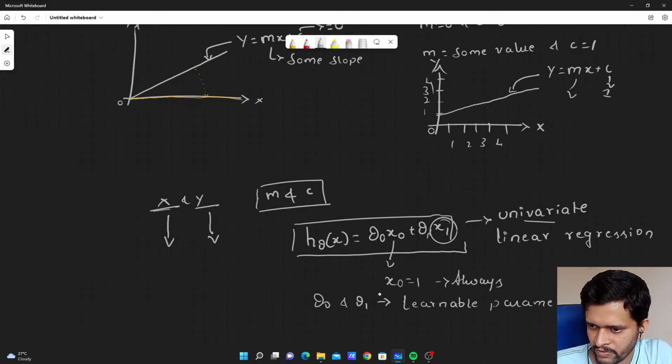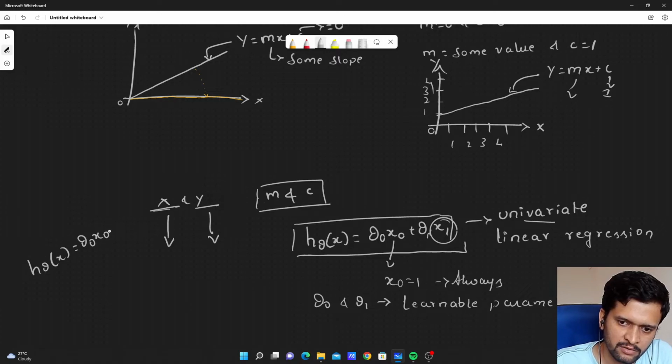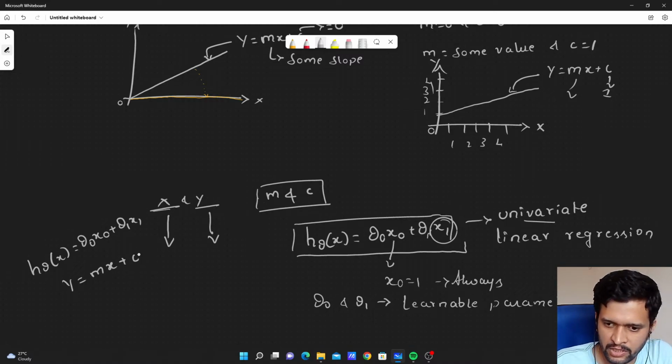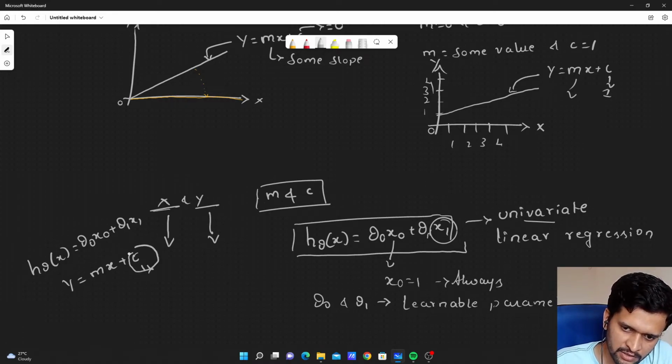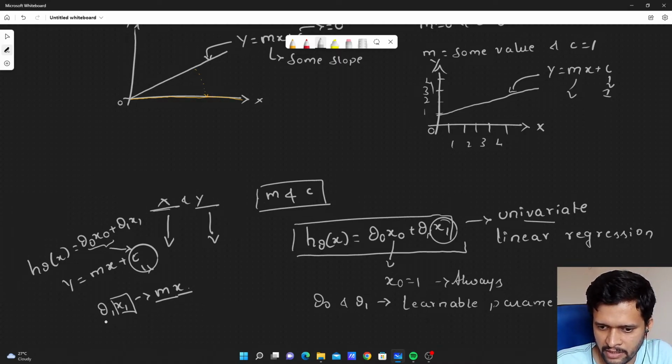If you relate this hypothesis to the equation of a straight line, y equal to mx plus c, here c is constant, the y-intercept. You can treat theta 0 x0 as associated with c, and theta 1 x1 as associated with m and x. For some value of x, you can treat it as x1, and m you can treat as theta 1.